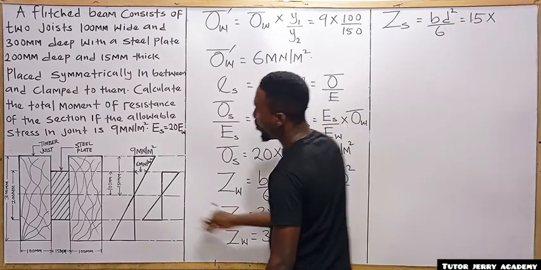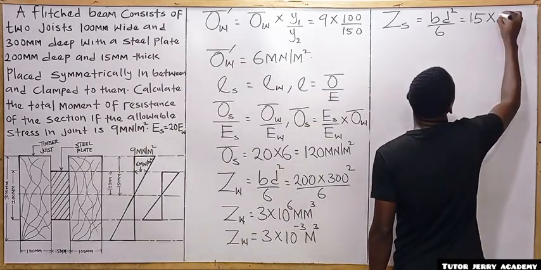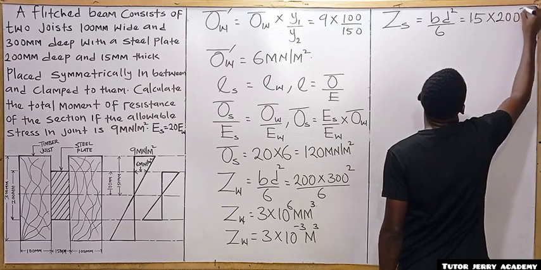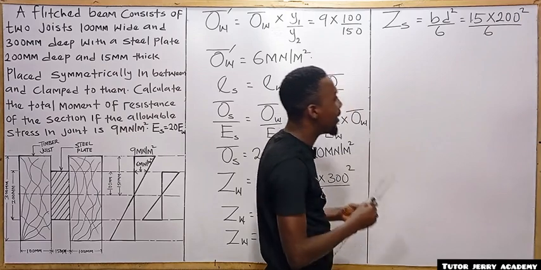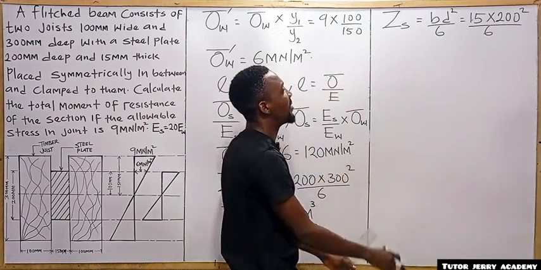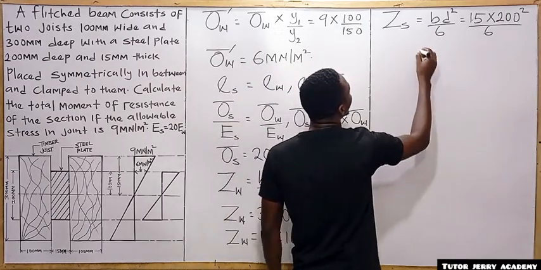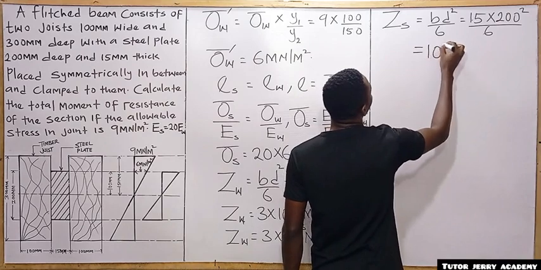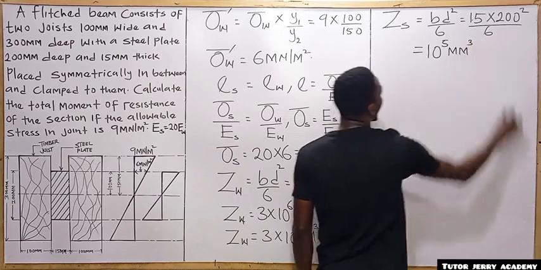The depth is 200 mm. So we are going to have 200 squared divided by 6. So 15 multiplied by 200 squared divided by 6 is going to give us what? 10 to the power of 5. So this is equals to 10 to the power of 5 mm to the power of what? 3.